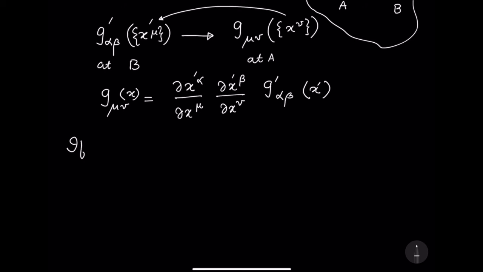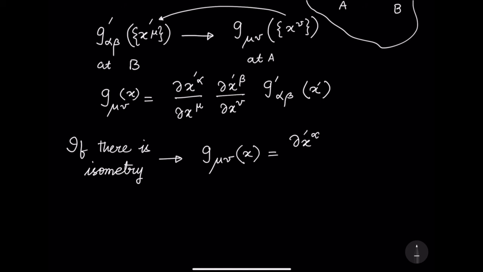But if there is an isometry, then I will say that the metric functions remain the same, such that after waking up, looking or measuring the metric, I get no clue that somebody has shifted my position.